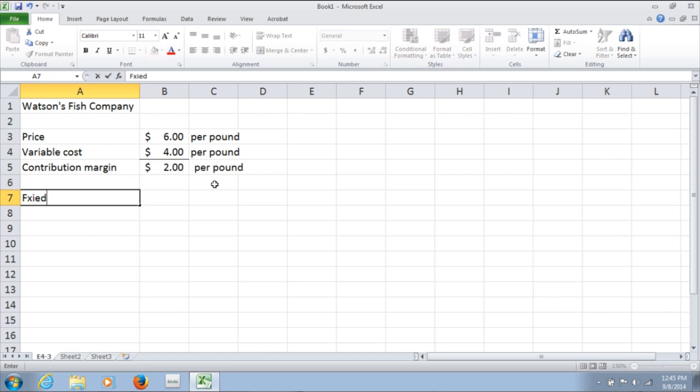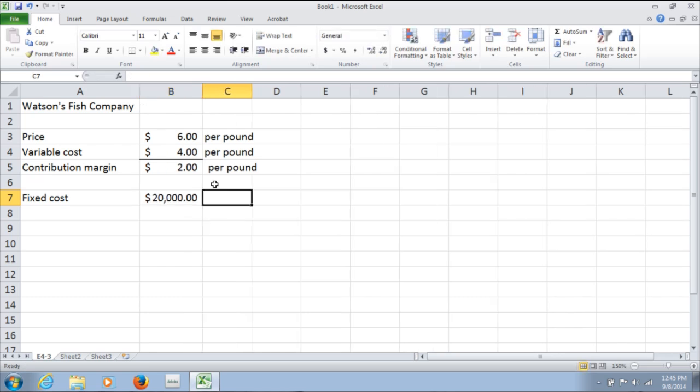So for Watson's, they have fixed cost given, and this is again information that's given to us, otherwise it'd have to be estimated, of $20,000 per month.